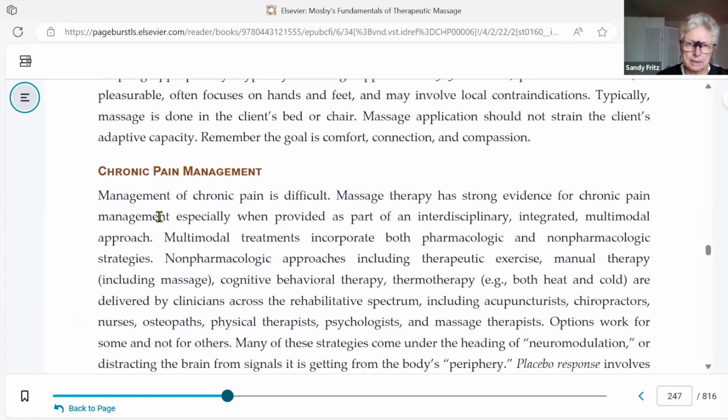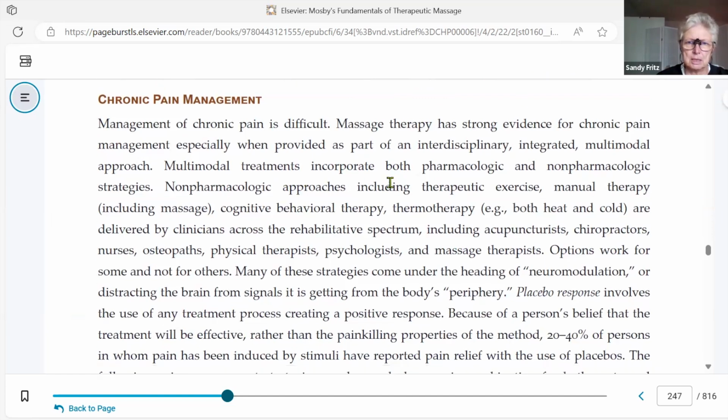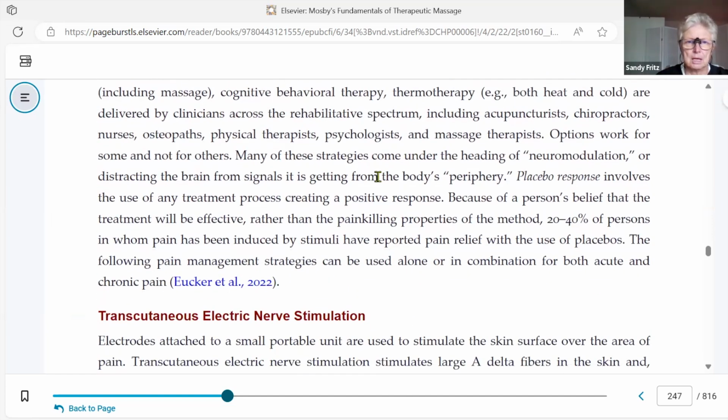Here's where it gets dicier, is in chronic pain management. And how does this happen? And how does massage therapy fit into it?